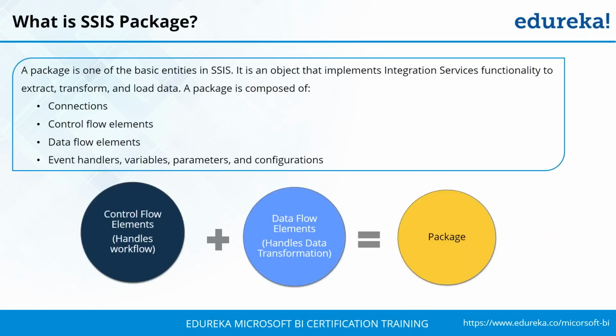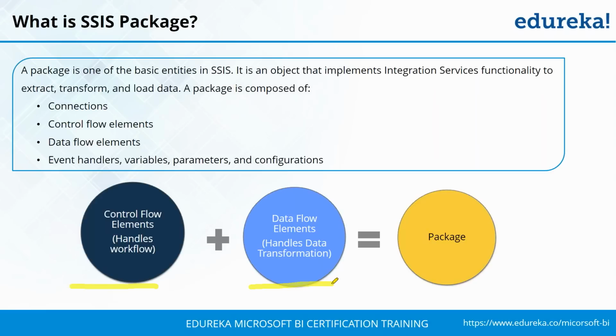Now let's talk about an SSIS package. What is an SSIS package? What all things does it have? An SSIS package consists of mainly two parts, the control flow and the data flow. Inside the control flow, we have our control flow elements, we have our connections, we have other things, and in the data flow, we have all our data related activities.